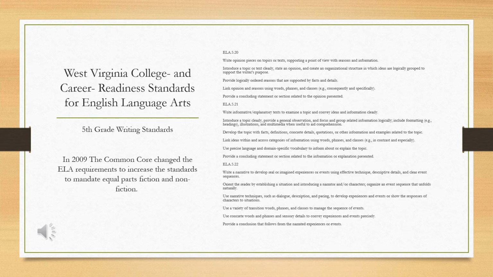West Virginia College and Career Readiness Standards for English Language Arts expect students beginning in kindergarten to compose informative text. By the time students are in 5th grade, they should achieve mastery in writing an informative explanatory text to examine a topic and convey ideas and information clearly. Understanding rhetoric benefits the writer by developing credibility, organizing logical facts, and preparing young writers with critical skills for the future.